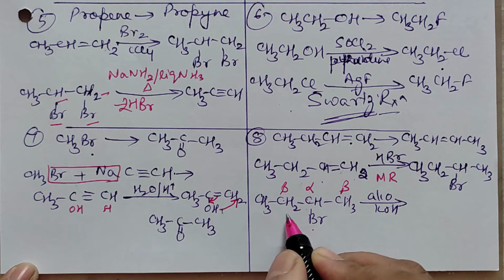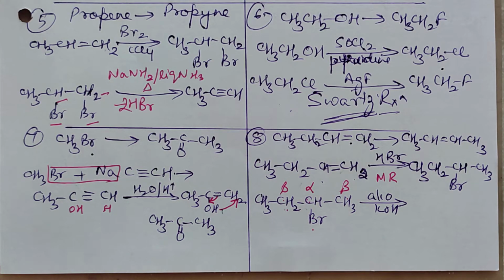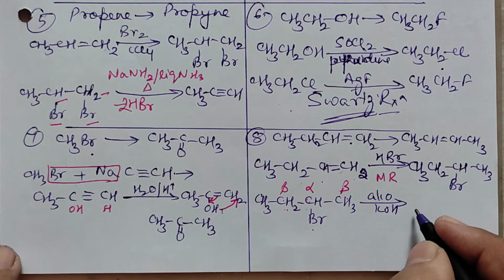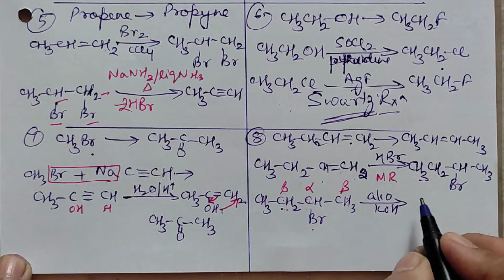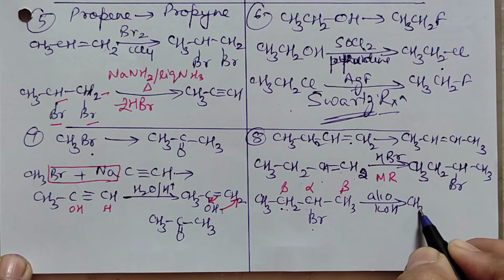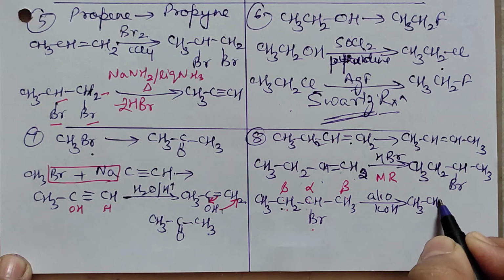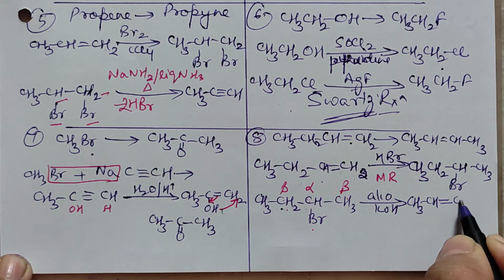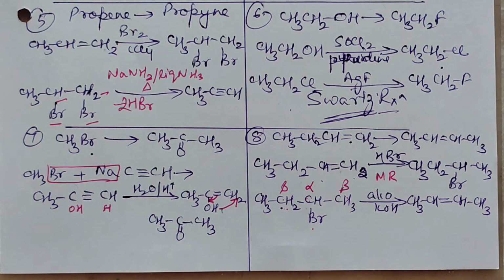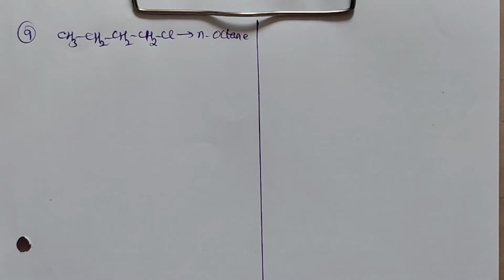Which beta will prefer losing hydrogen? This one. As per hyperconjugation, more stable alkene is obtained. So this side beta will lose hydrogen, and so what you get is this is gone H, this is H, and CH3. That means we got but-2-ene. Got it? So please take the screenshot and make the notes. Yeah, moving on to the next conversion.